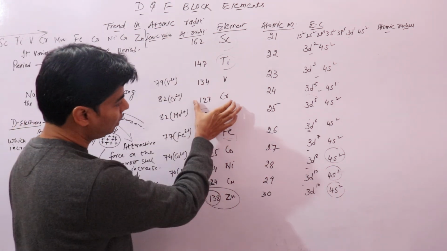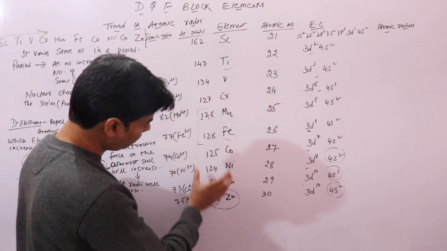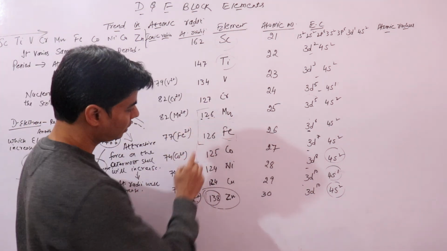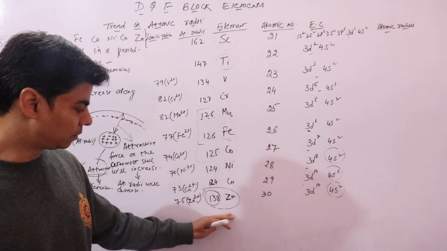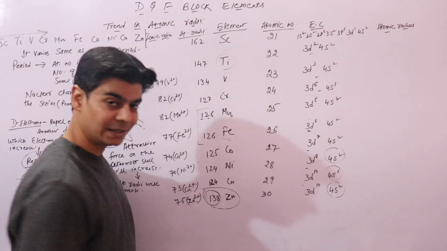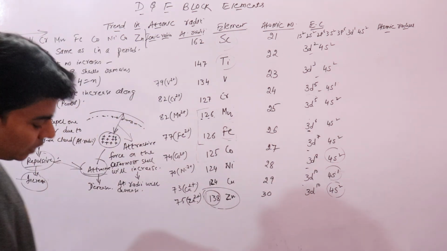That is, it will decrease very little from the midway, then it will remain constant at iron, then it almost increases at the bottom. At the bottom, your attractive forces are less than your repulsive forces. I hope this is clear.